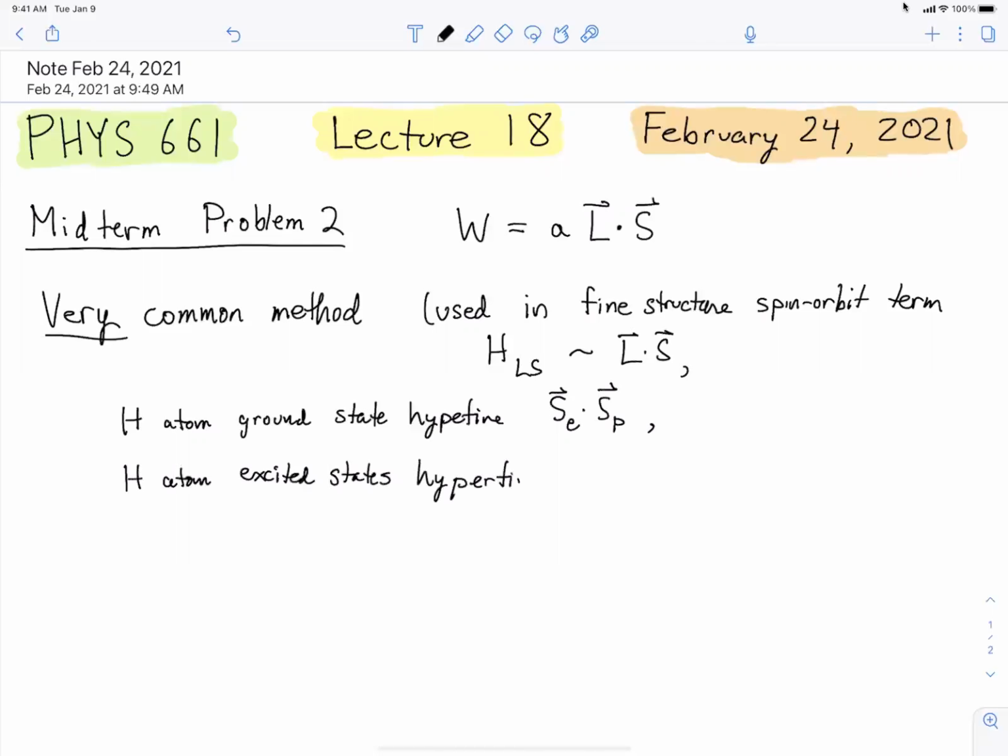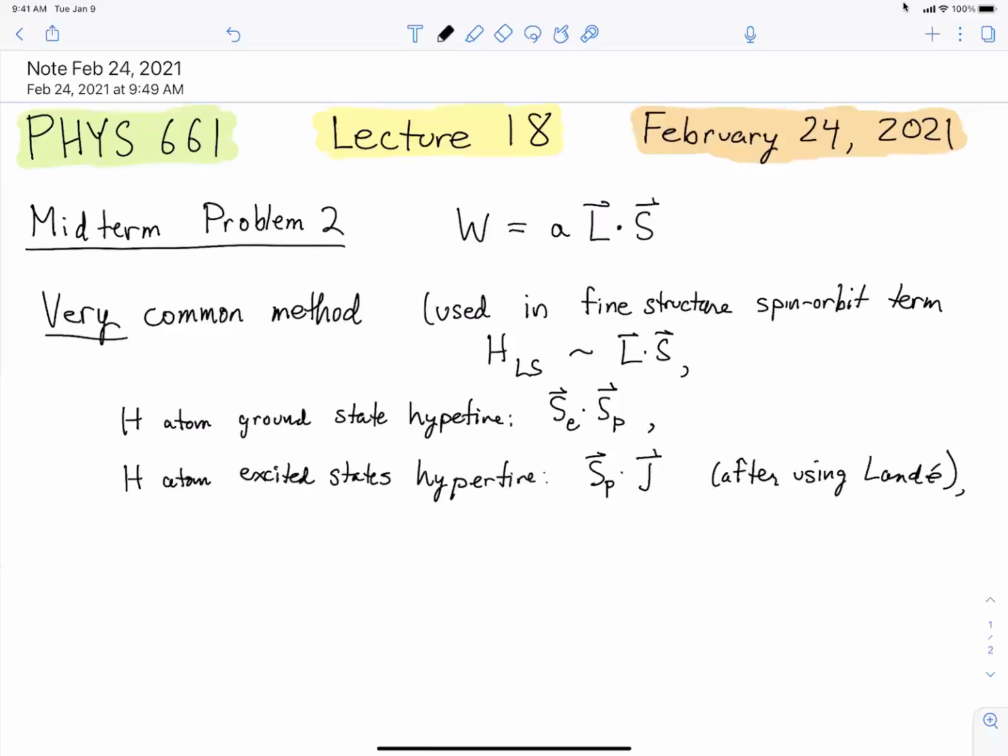There we had to do a little bit of preliminary work to discover that that term was proportional to the dot product of the proton spin and the total angular momentum of the electron, including both the spin and the orbital. That was after using Landé's formula. So there was a good amount of preliminary work before we put it in that form.